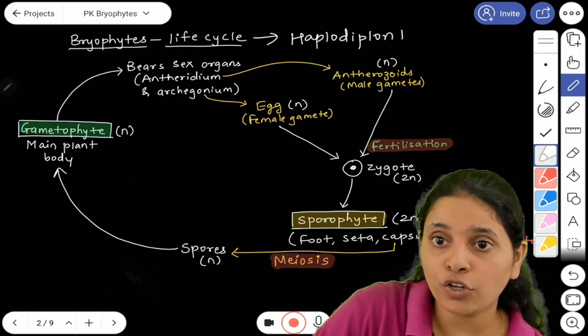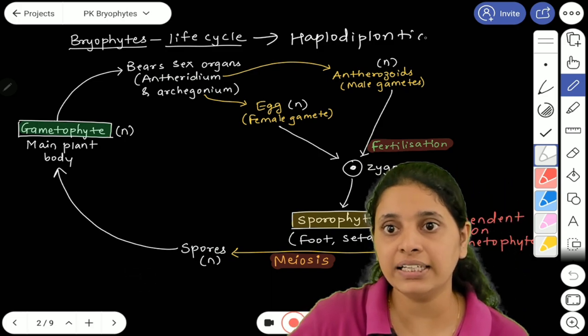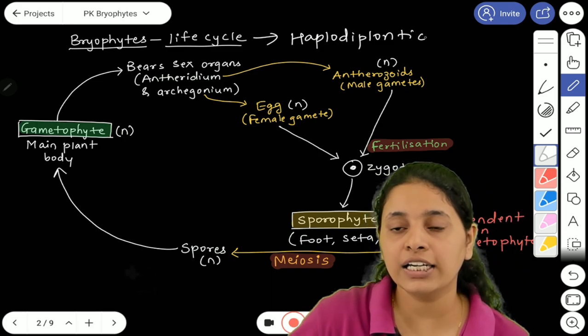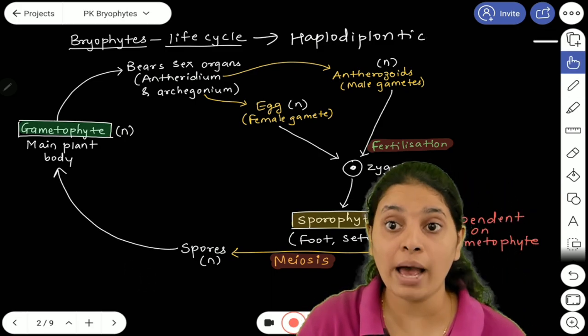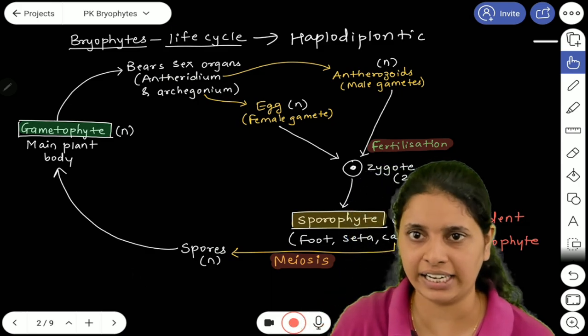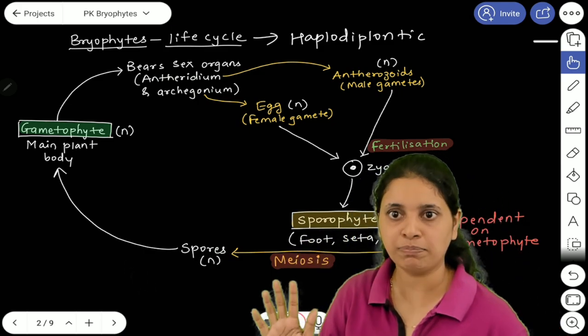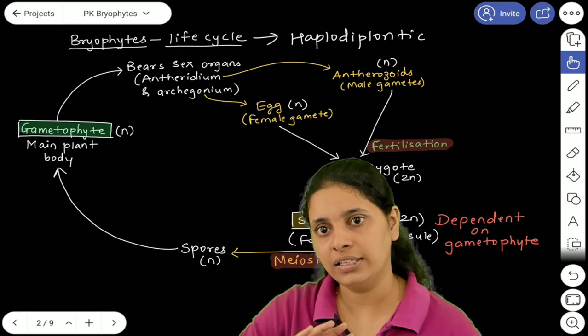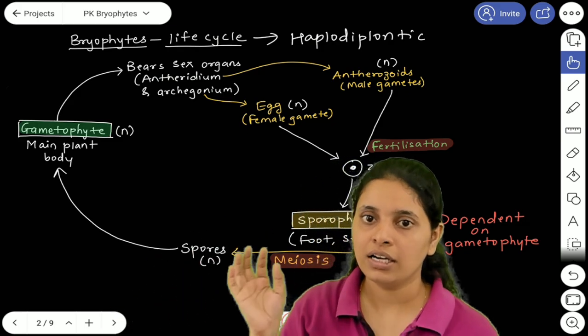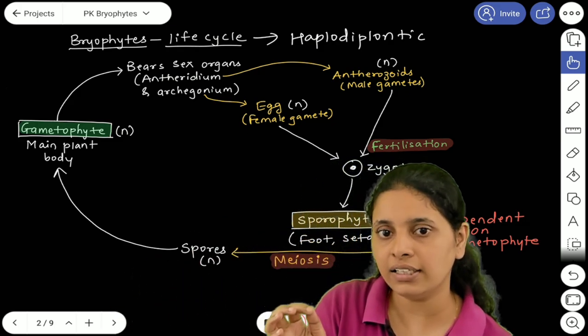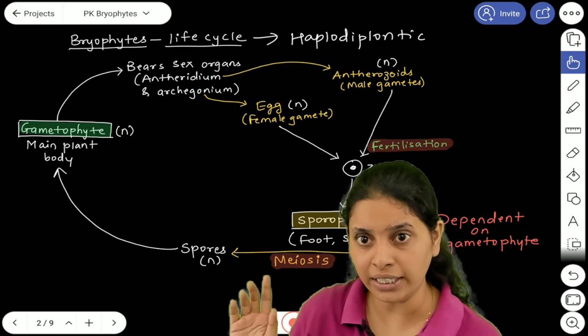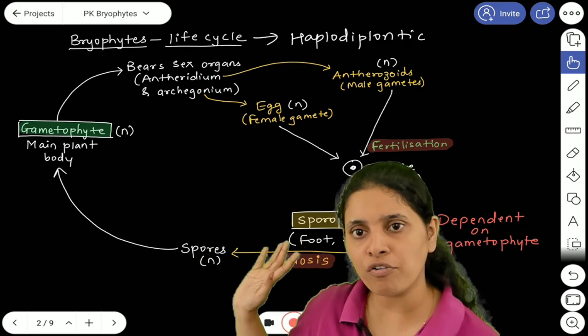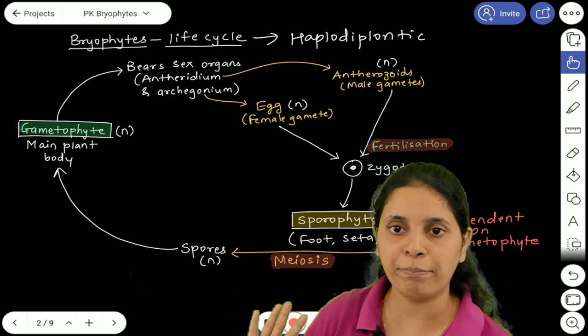Okay, in case of algae we said it is haplontic, right? Majority algae, okay, not all algae, there are some exceptions which we will discuss at the end of the chapter. For most of the algae it's haplontic, right? But for all bryophytes, it is haplodiplontic.